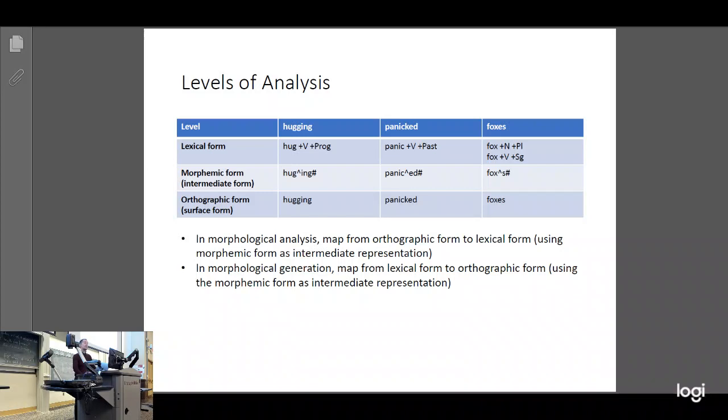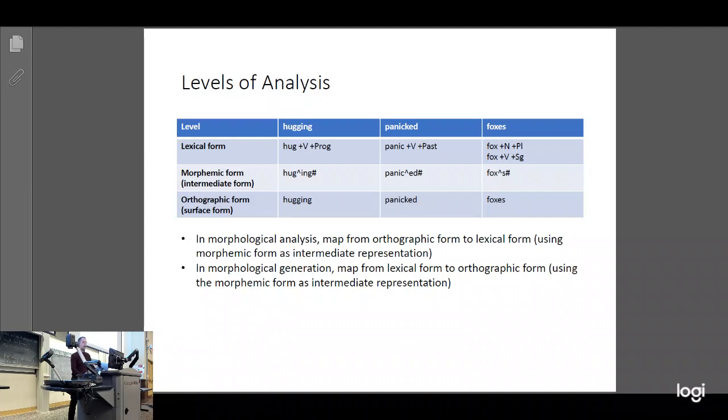And in order to do this, it's often helpful to have an intermediate level of representation we'll call the morphemic form, where all of the morphemes are there, but they're in an invariant form. So every time that this S, for example, occurs, this plural S, or it also occurs in verbs, every time it occurs, then it has the same form. It's just an S, even whether it would occur as ES or just as S in the surface form.